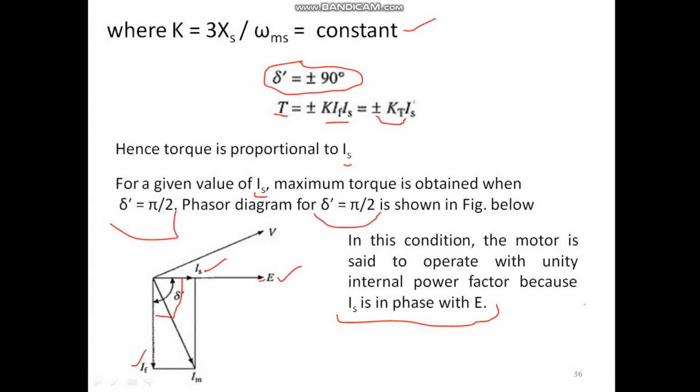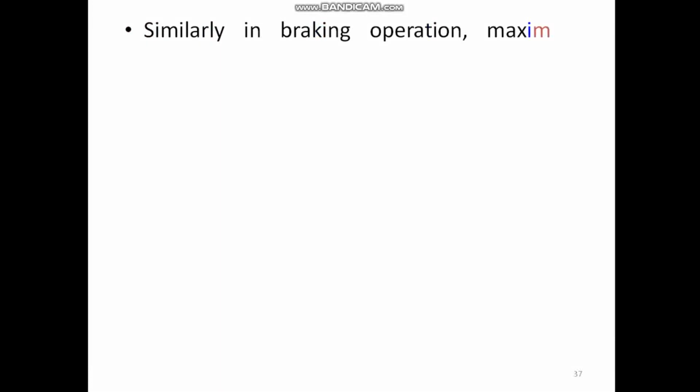And the important thing is you have to take care that maximum torque is obtained when your delta dash is adjusted to pi by 2 or 90 degree, right? And the same thing we have proved here, right?